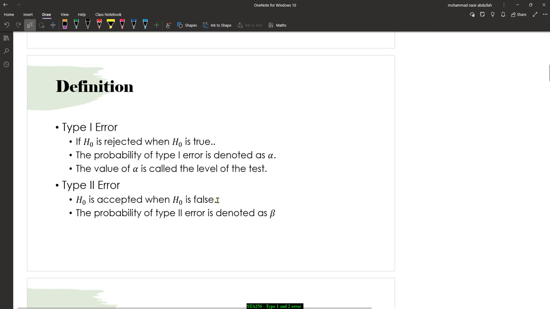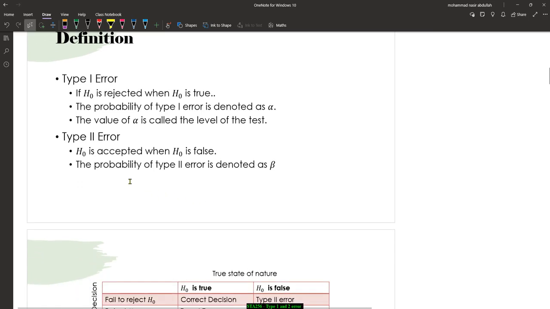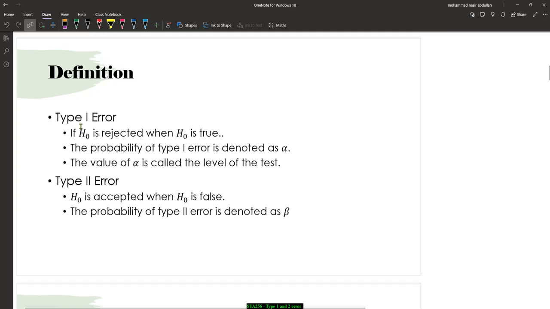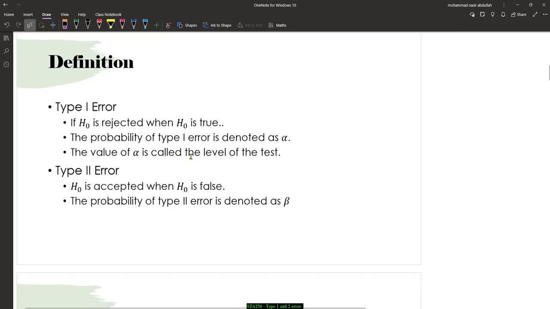Again, the definition of type 1 error is the probability of rejecting the null hypothesis when the null hypothesis is true, and type 2 error is the probability of accepting the null hypothesis when the null hypothesis is false, right?